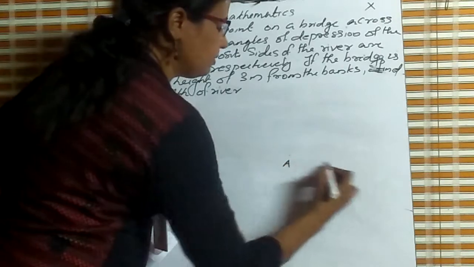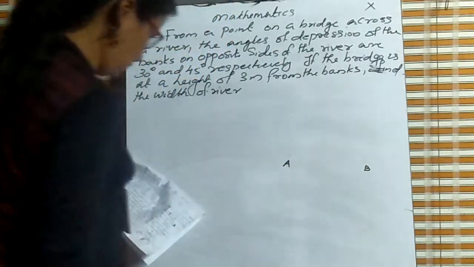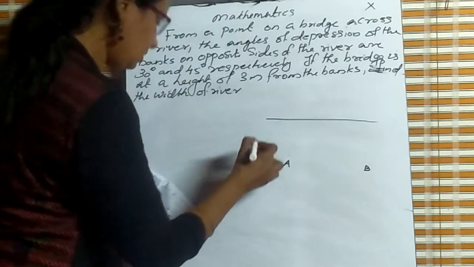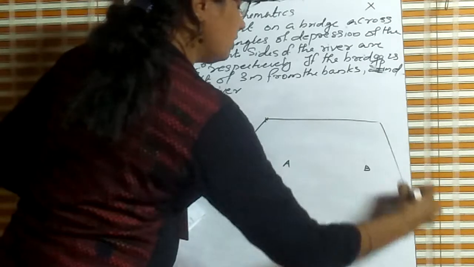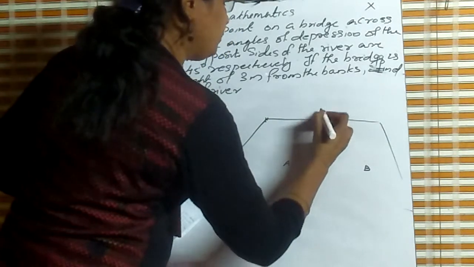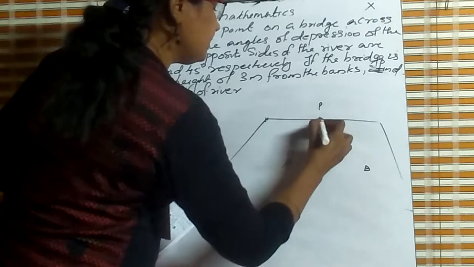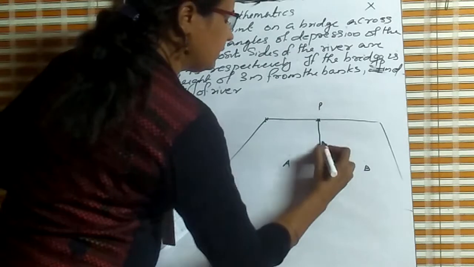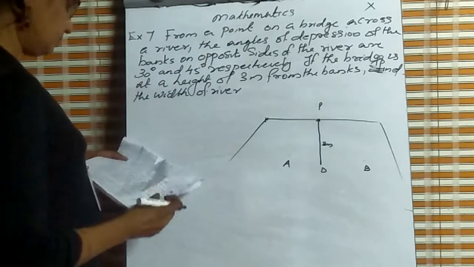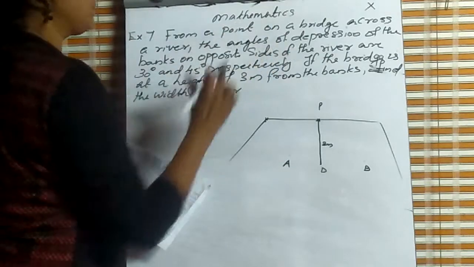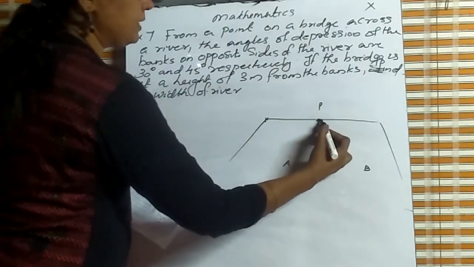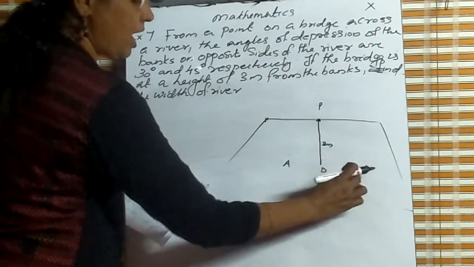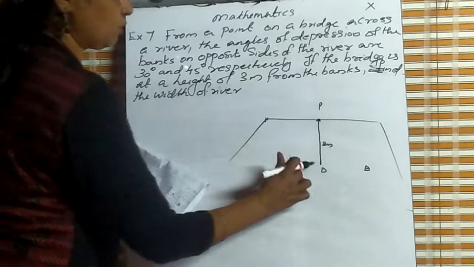A and B are the banks on opposite sides of a river, and P is a point on the bridge, so that PD is equal to 3 meter. A and B are opposite sides of the river.